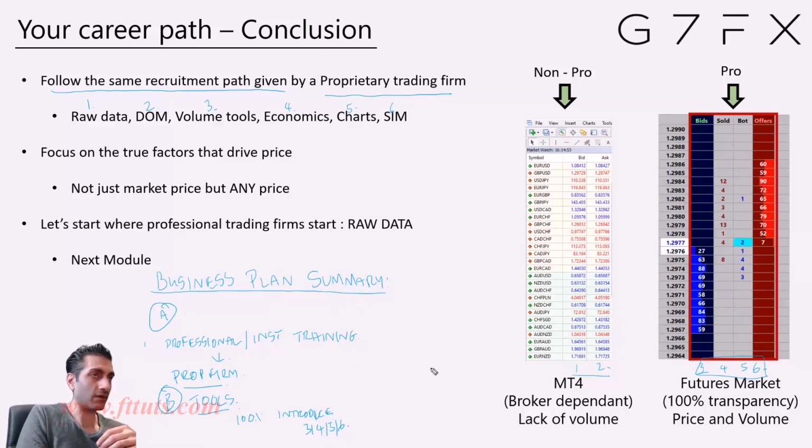Now I'm not going to say this again, so I just want to make the point on this slide that I'm just going to assume from this point going forward, everyone who's watching this is on board. We're all going to go towards this proprietary trading firm stroke institutional training path, and that path is laid out very specifically.